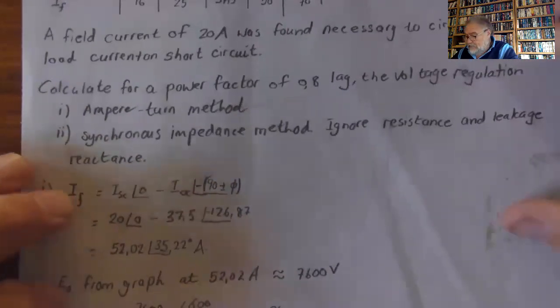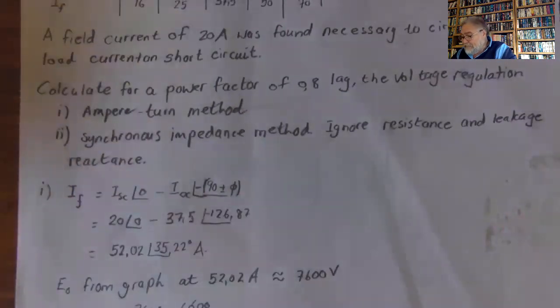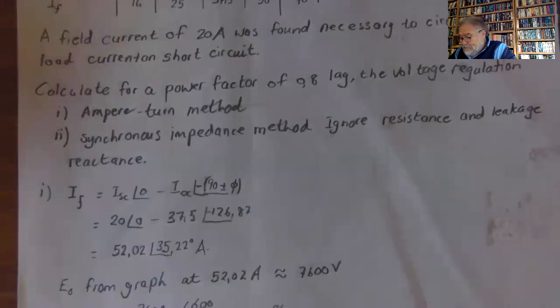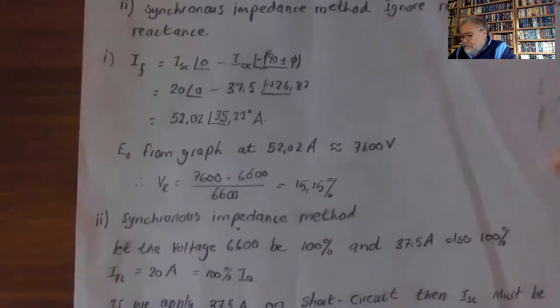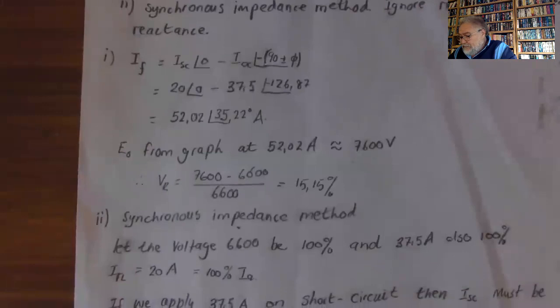Now, the question asks us to calculate the voltage regulation for a power factor of 0.8 lagging using the Ampere turn method and then the synchronous impedance method, where we can ignore the resistance and the leakage reactance. Now, the field current that we are going to need is I short circuit at an angle 0 minus I open circuit at an angle minus 90 plus or minus 5.